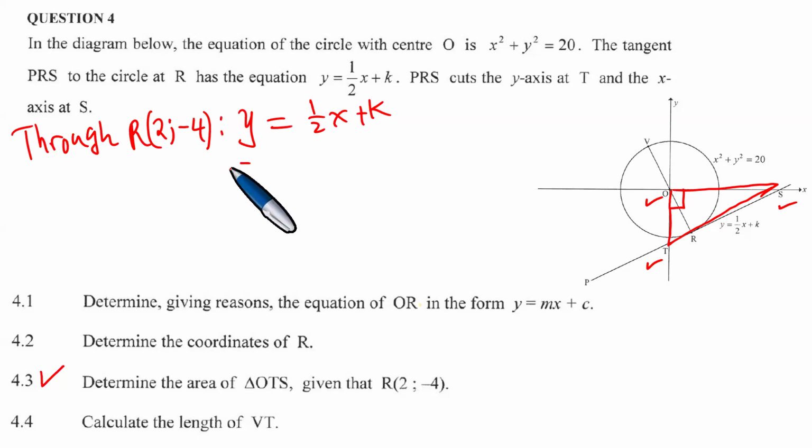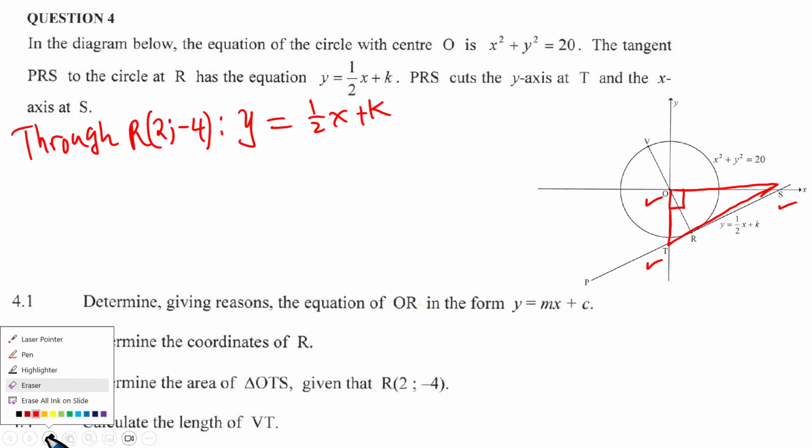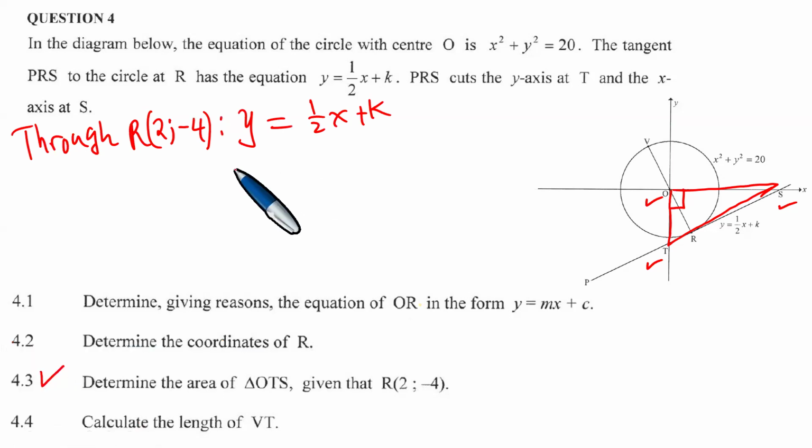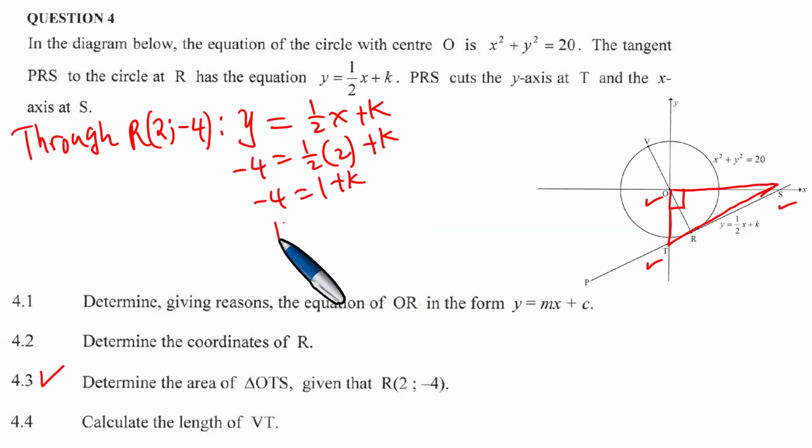which means that -4 equals 1/2 times 2 plus k, so -4 equals 1 plus k, so k equals -5.